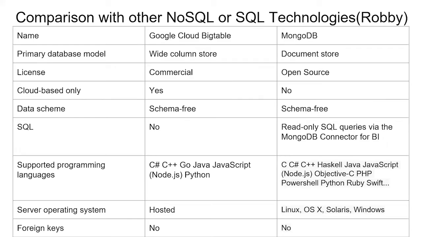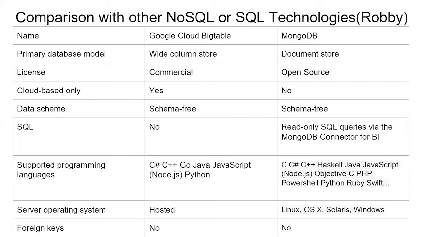Google Cloud Bigtable is supported by C#, C++, Go, Java, JavaScript, and Python. MongoDB is supported by C, C#, C++, Haskell, Java, JavaScript, Objective-C, PHP, PowerShell, Python, Ruby, Swift, and so on.